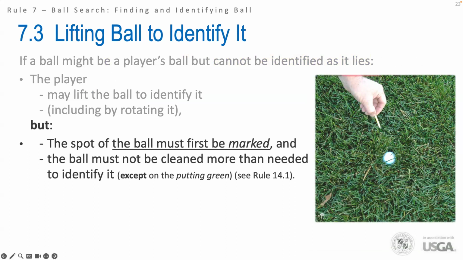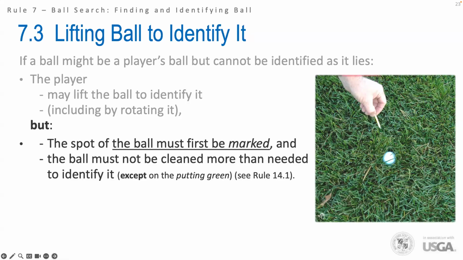So, say that there is a huge chunk of mud over the number of the ball where you usually put your mark. You can clean it just a little bit to make sure that it is there, but you can't wipe the entire piece of mud off of your ball. The rules aren't going to let us do that. We want to make sure that we are finding the ball as it's been played.